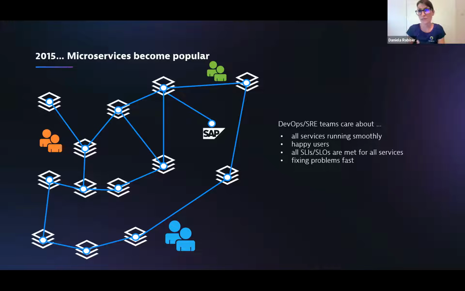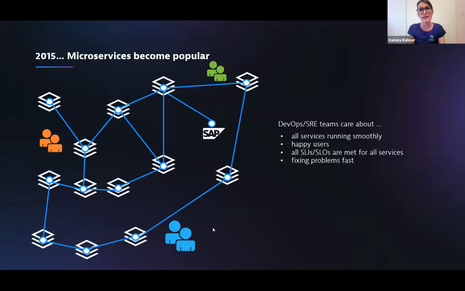So a DevOps SRE team member wants the services to run smoothly. She wants users to be happy. She wants her KPIs to be met. Her KPIs are service level indicators and service level objectives. And of course, if something goes wrong and she gets called at 3 in the morning, she wants to pinpoint the problem fast.